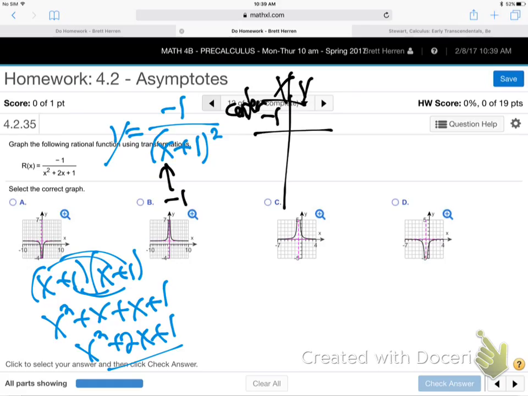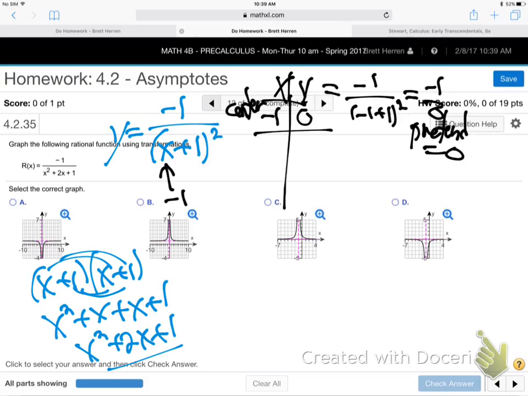And so then you get y equals -1 over -1 plus 1 squared, -1 over 0, which we pretend that undefined is 0. So that means back 1, up 0, there is the center of the asymptotes. Center of the crosshairs. We good to there? Back 1, up 0.